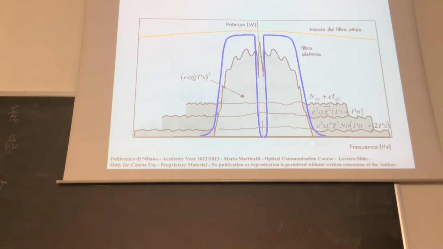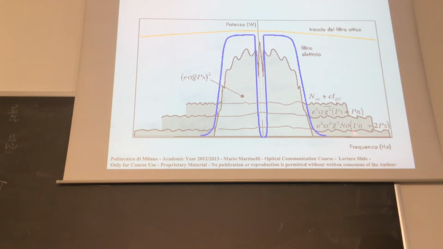And then we have this strange fact here, that is the beating between the energy of the optical noise, because N0 is a power spectral density, that is power divided by bandwidth, okay? So it means that it is energy, times Pn plus 2Ps.